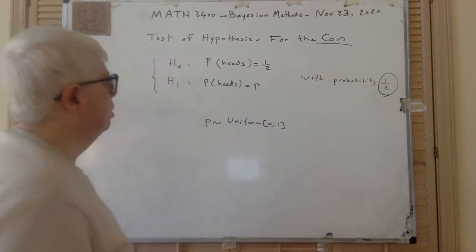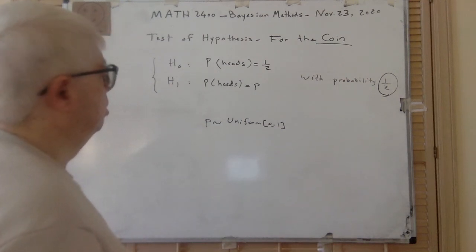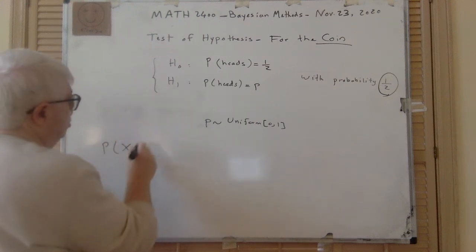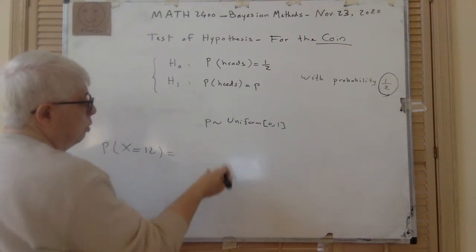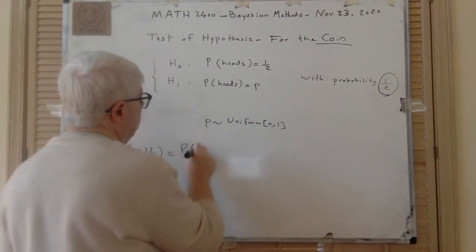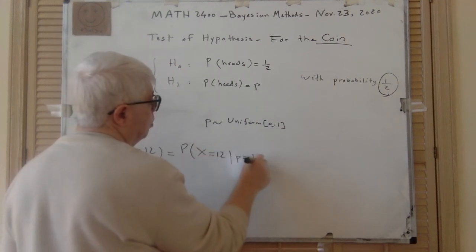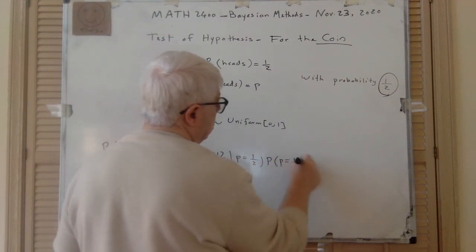Now, if I go back to the problem I just solved, where the probability of x is 12, it was P of x is 12 given P is such and such. So I have to write something like this: P of x is 12 given that P is 1/2, times P of P is 1/2.